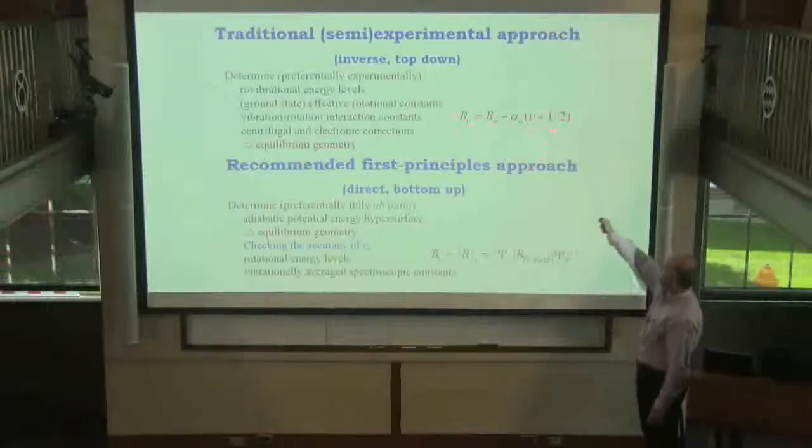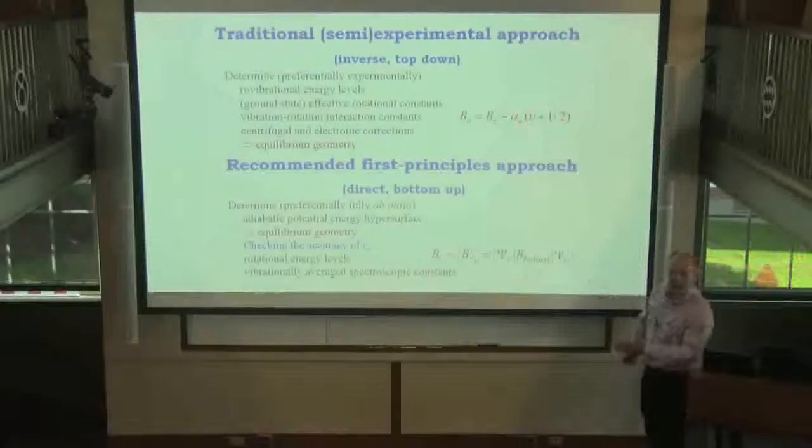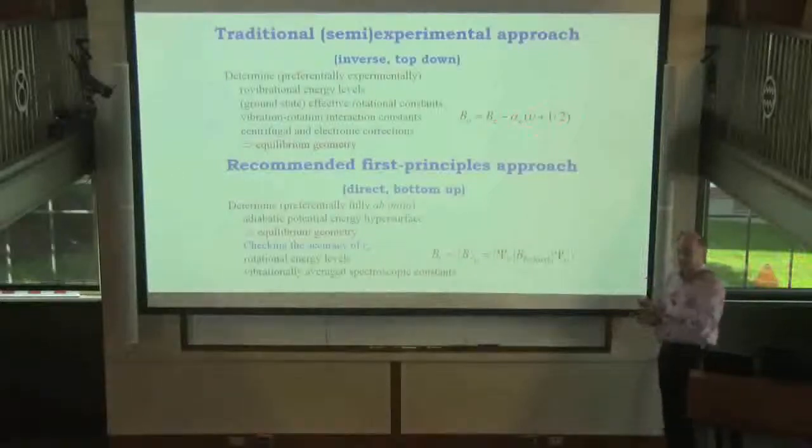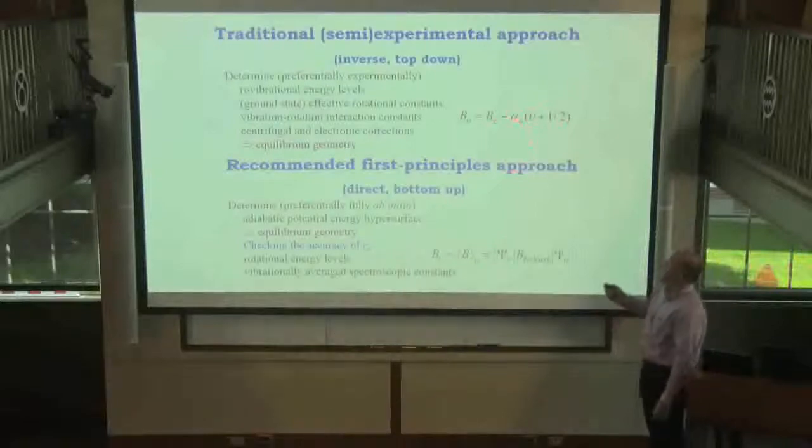If you take only the first order term in v plus 1/2, then you get these alpha vibration-rotational constants, and then there could be other terms in this expansion, but the simplest approach is to use these alphas. Experimentally, you get these B zeros. It's almost impossible to get these alphas, so you get them from theory for the semi-experimental approach.